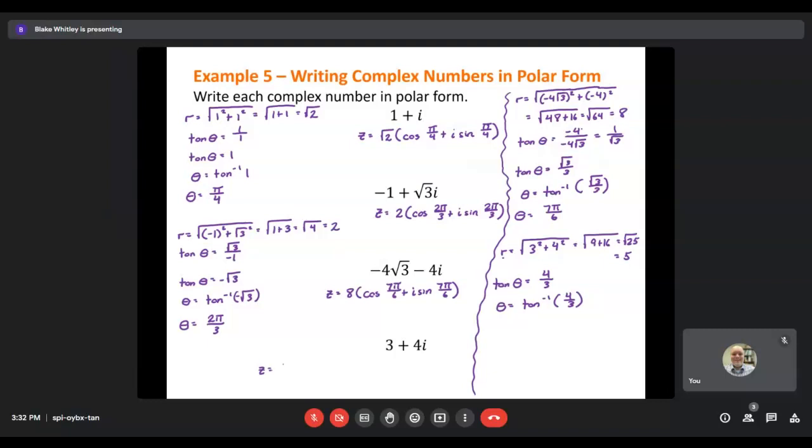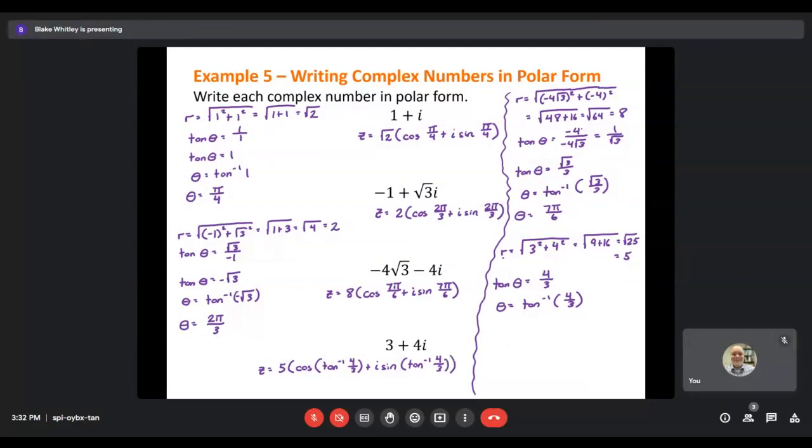Our R value is 5. We're going to have cosine of the theta value, which is inverse tangent of 4/3, plus I times the sine of the theta value, which again is inverse tangent of 4/3.